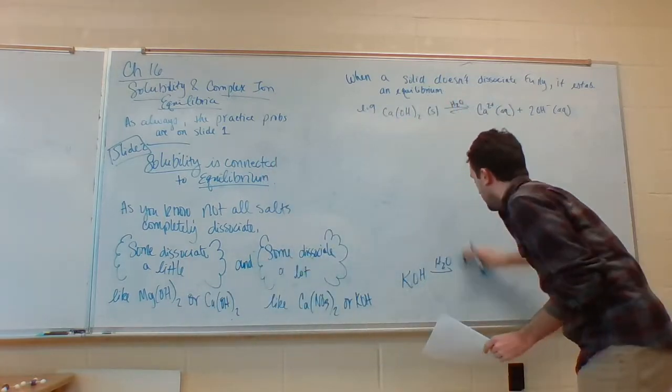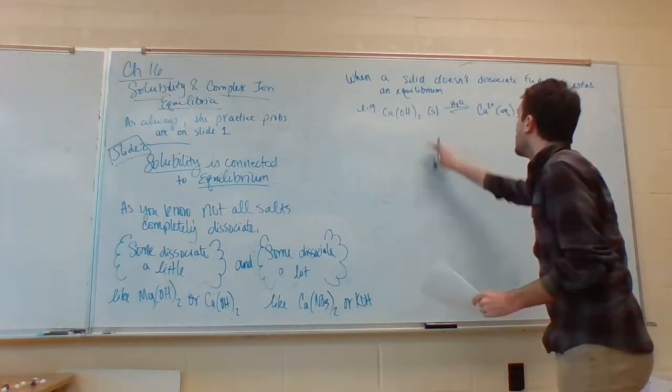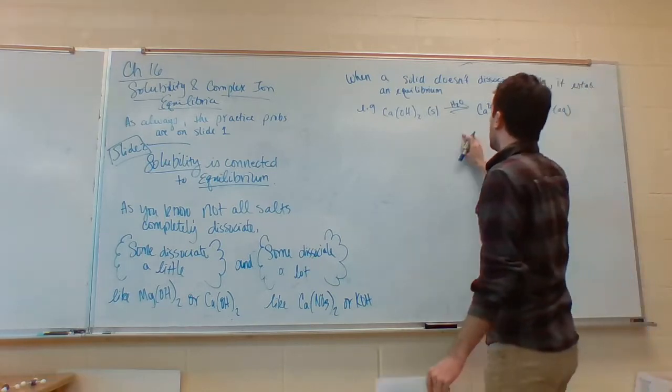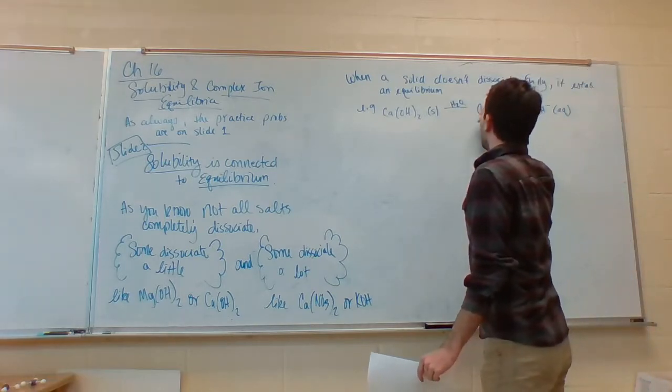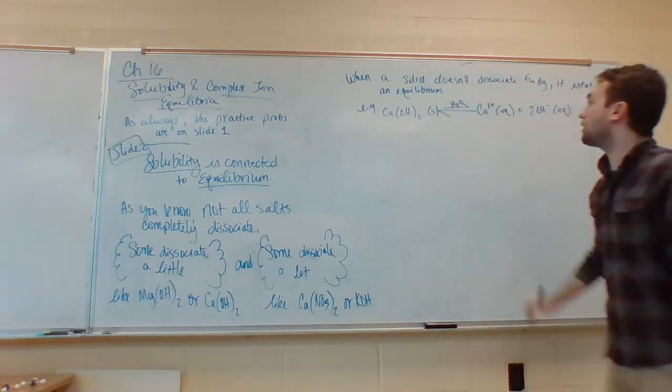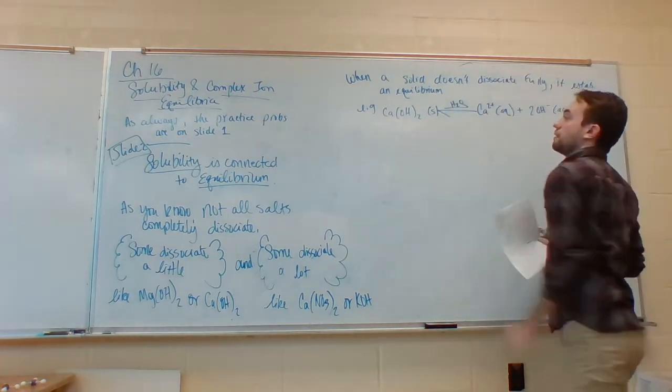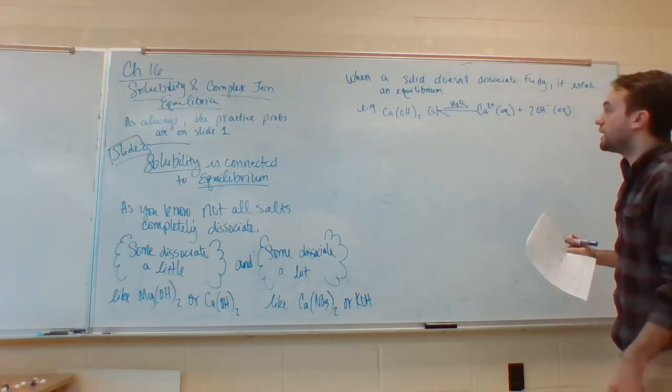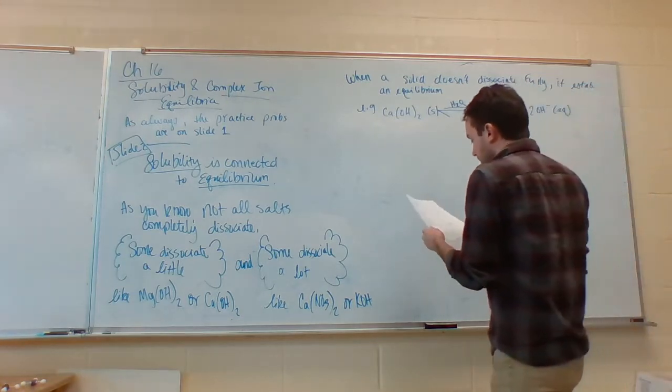Calcium hydroxide, on the other hand, is not completely soluble, and so it forms an equilibrium. And if I were a betting man, I would say that our large arrow points the other way, saying that that is mostly a solid.